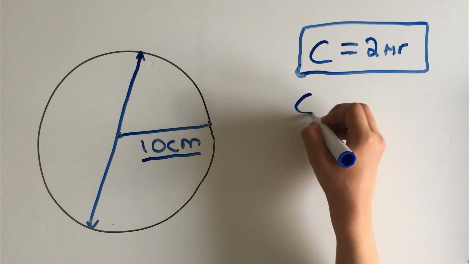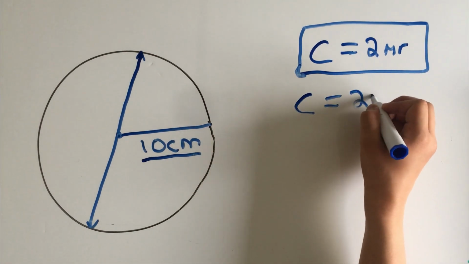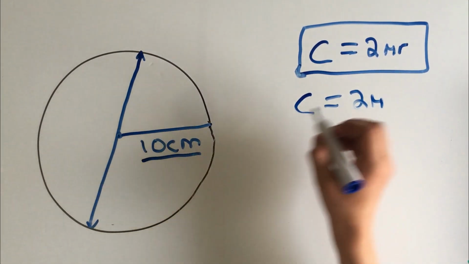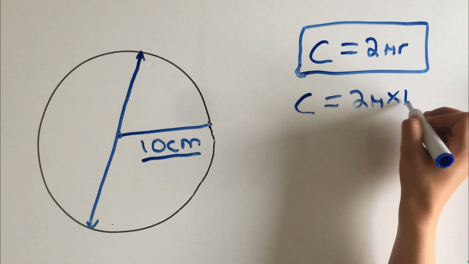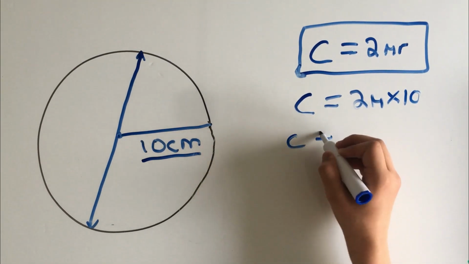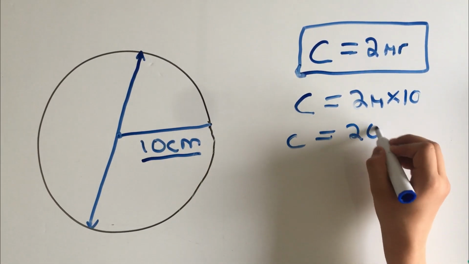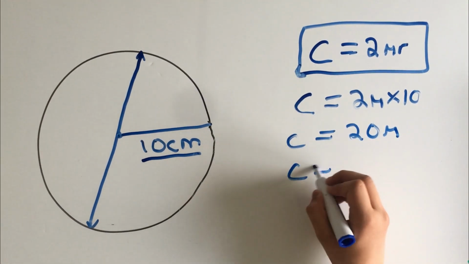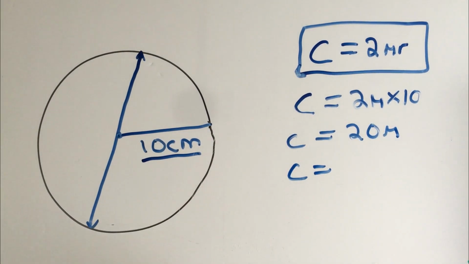Here we have C is equal to 2 pi and 10 centimeters. So 2 pi times 10. C would be 2 times 10, 20 pi. And here you'd have to use your calculator. You can use pi as 3.14, but I would prefer you to use your calculator because it's more precise.